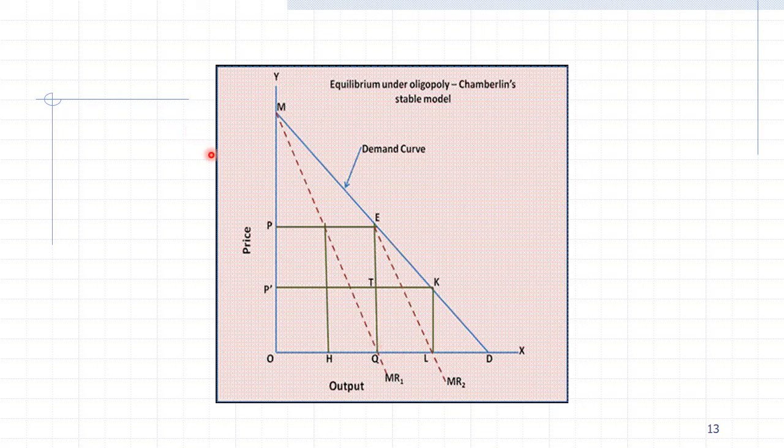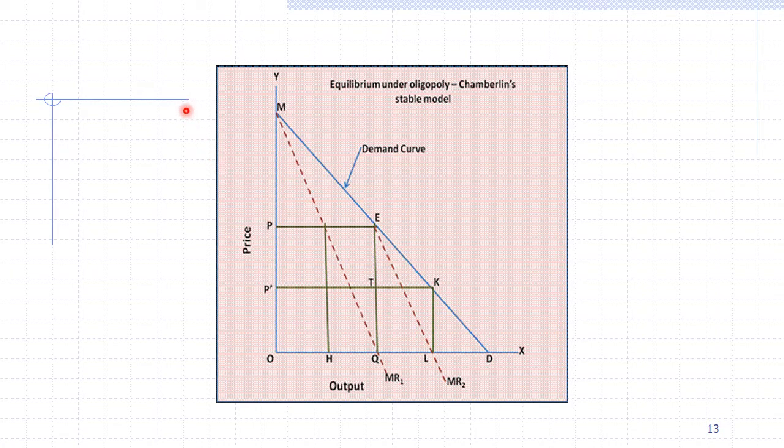So MD represents the linear demand curve for the homogeneous products of this duopoly. Suppose just producers A and B are the duopolists here. First, assume that producer A is operating in the market and views the whole market demand curve MD.